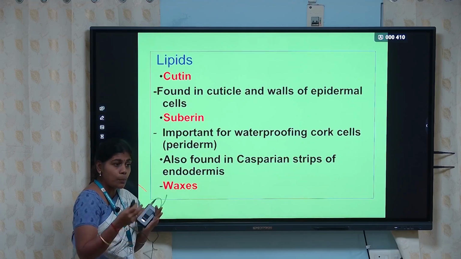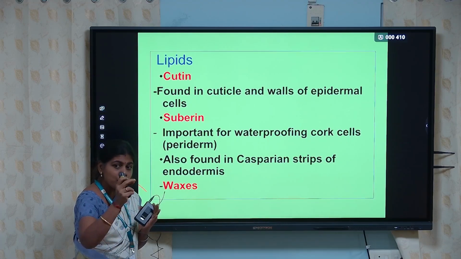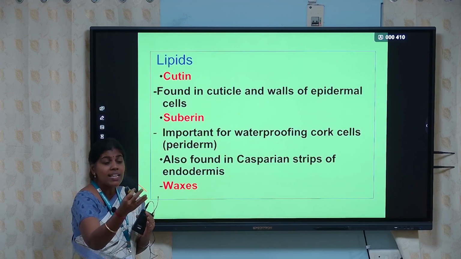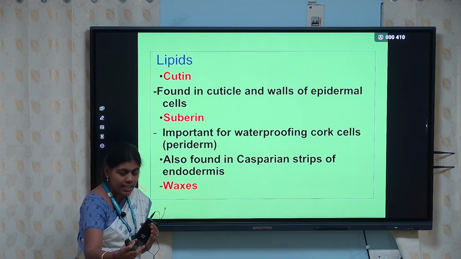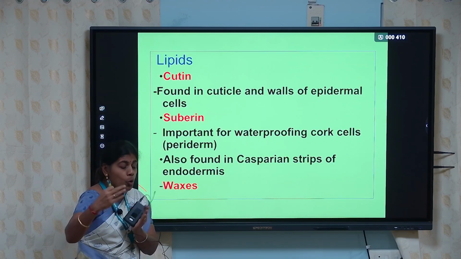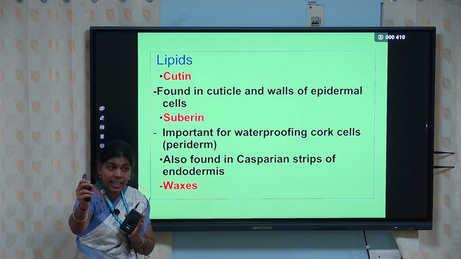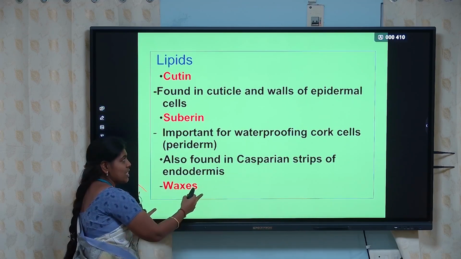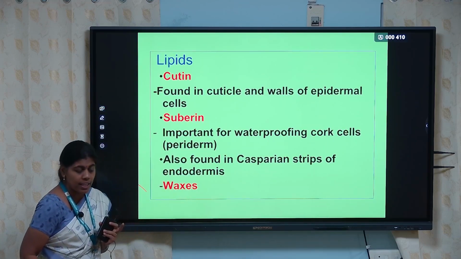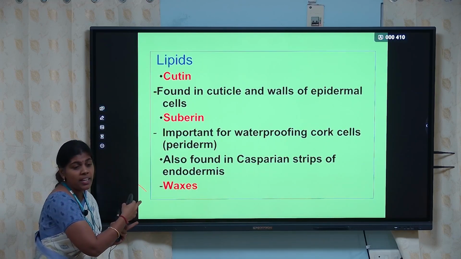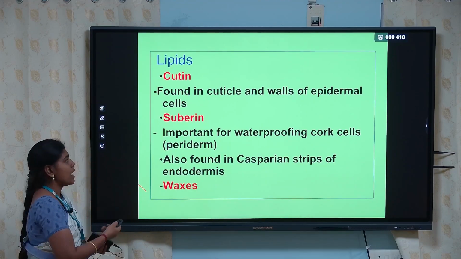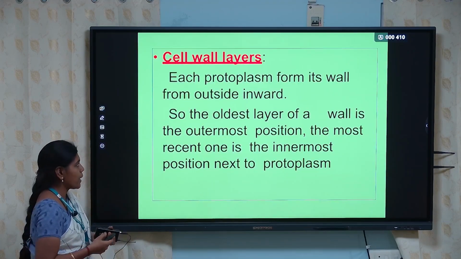In the root, the protoxylem part passes the water molecules easily. Those cells are passage cells, and in between the two protoxylem the cell wall is very thick in nature, that is the Casparian strip. So in the Casparian strip the suberin is present. Because of the thickness the suberin is located there, and waxes are also coated on the primary cell wall.